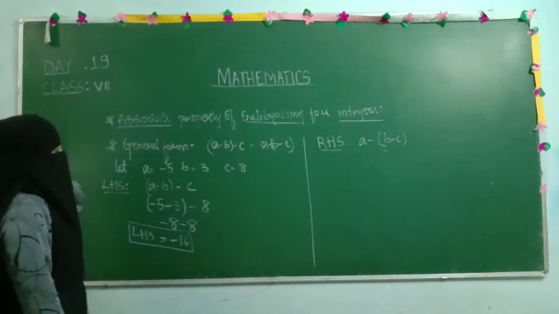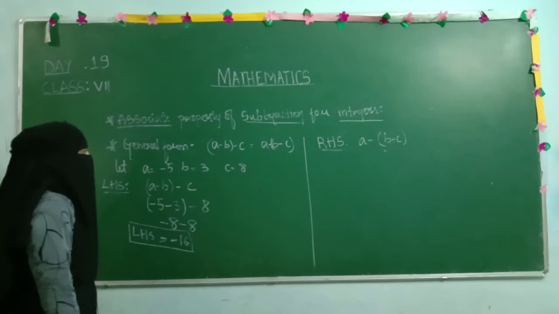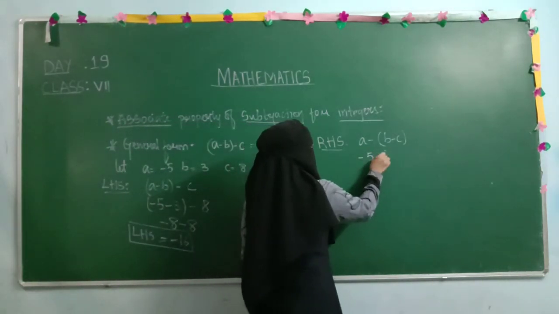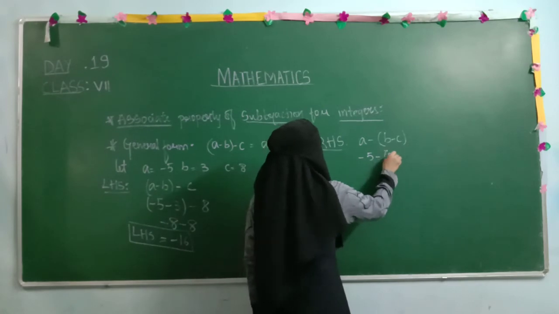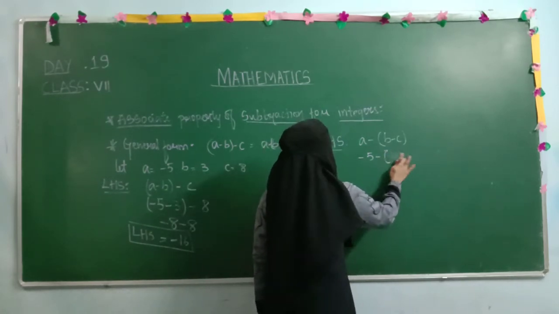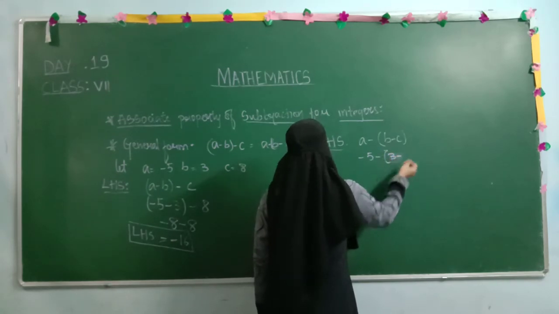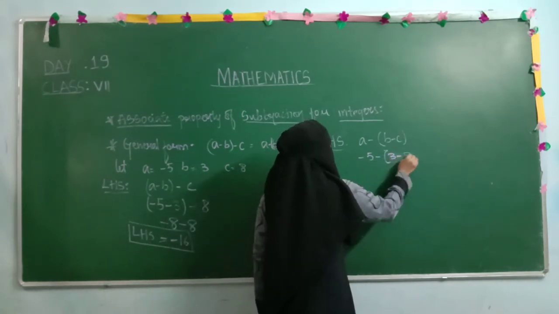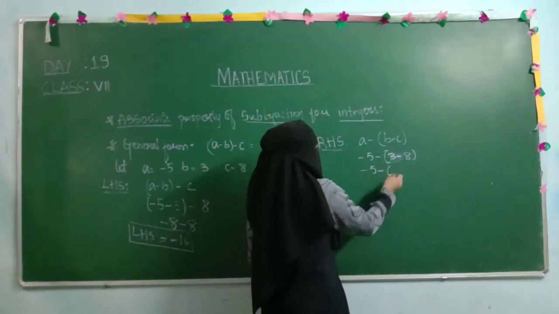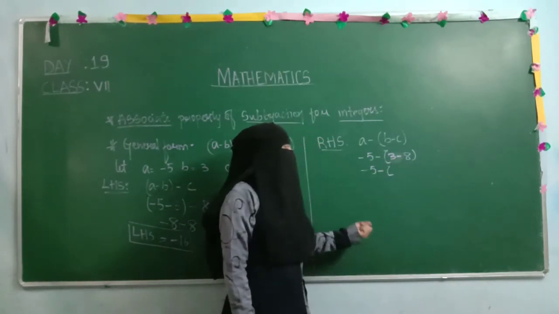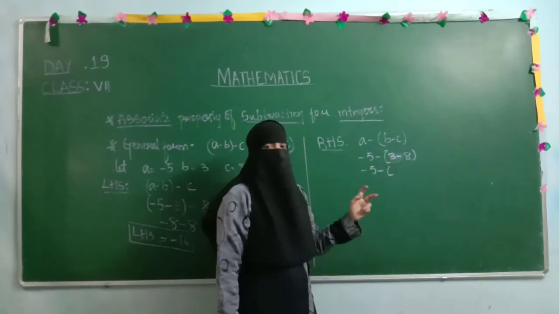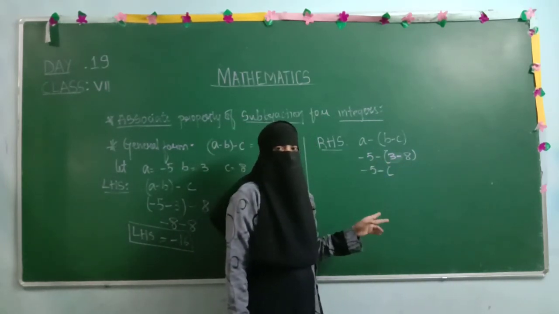Then we substitute the values of a, b, c, whatever we have taken. a is minus 5, b is 3, minus c, the value is 8. So minus 5 minus of, you need to subtract these two terms. Observe here, 3 is positive and 8 is negative. One is positive, one is negative. We need to go for subtraction.